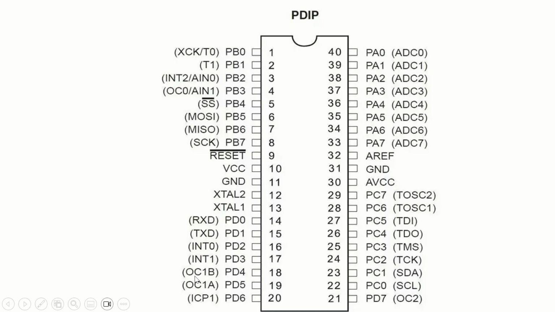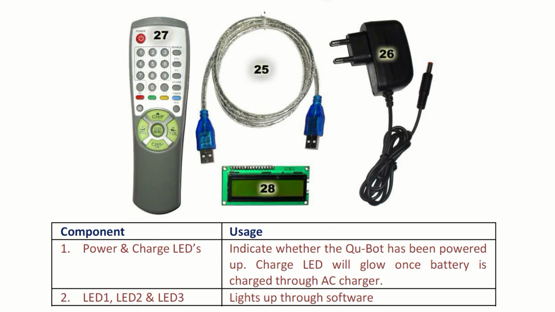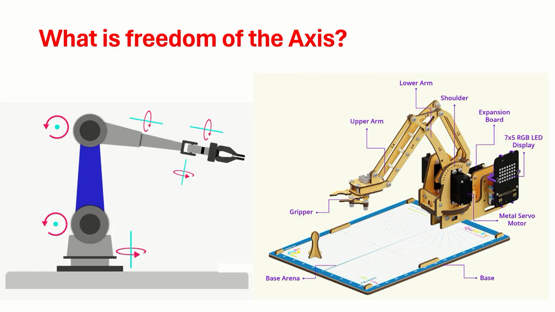PD4 is pin number 18 and PD5 is pin number 19, which have a special feature mentioned in the bracket called OC1A and OC1B. They are nothing but output compare, timer 1A and timer 1B, which are meant for generation of pulse width modulation. We will see what pulse width modulation means and how it controls the speed of the motor.